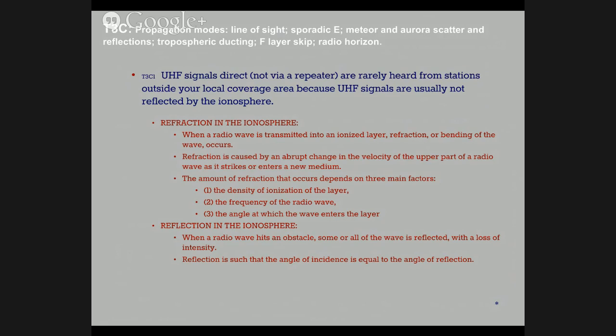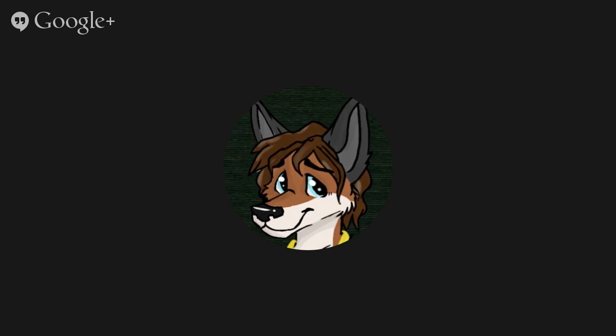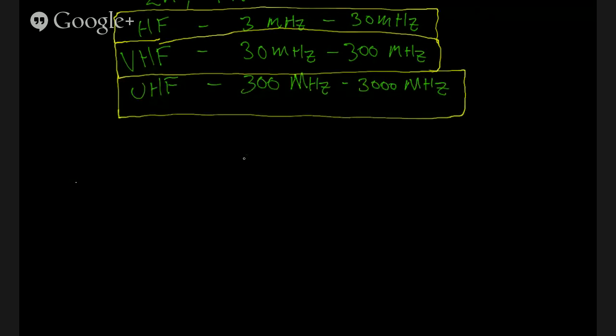Whenever a radio wave encounters an obstacle, we don't get it reflected back perfectly. The signal will be weaker on the reflection, generally because not all of the wave is perfectly reflected.